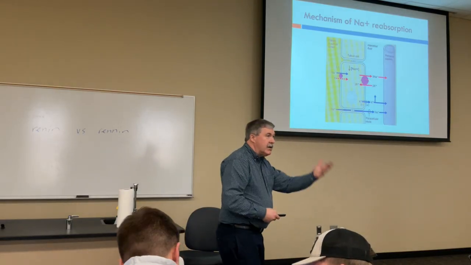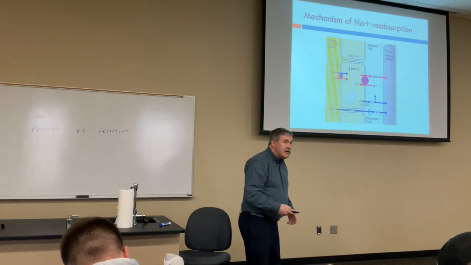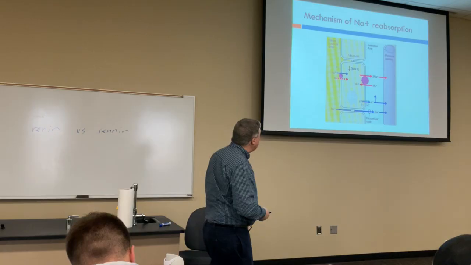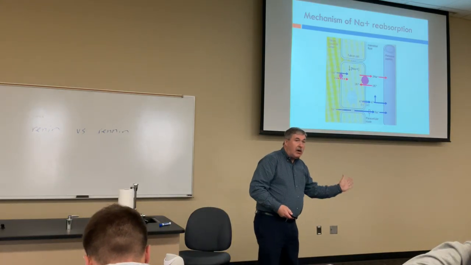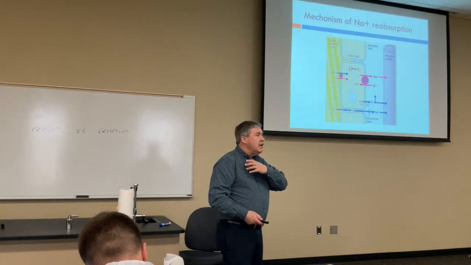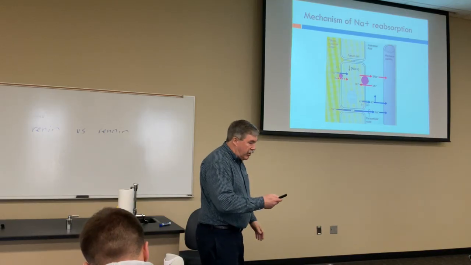It gets carried along with the sodium when it's reabsorbed, or amino acids, or anything else that might be useful. Okay, so that accounts for about 65 to 70% of all the sodium, water, glucose, amino acids that's reabsorbed by the kidneys. It all occurs right in that first part.